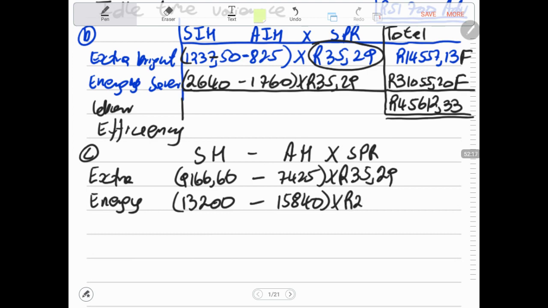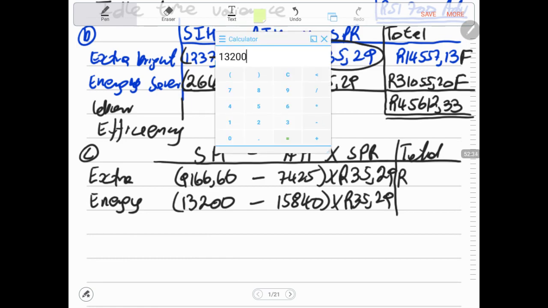Then this will give us the total column, and in the total column we will say minus 15,840 multiplied by 35.29. It gets to 93,165.60.